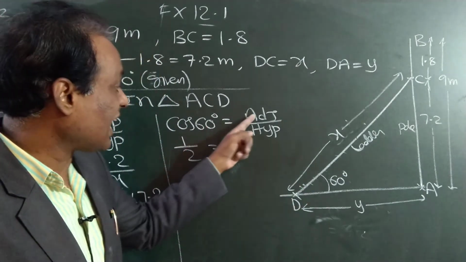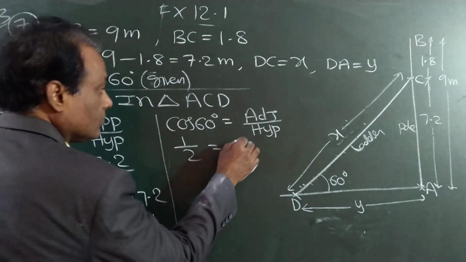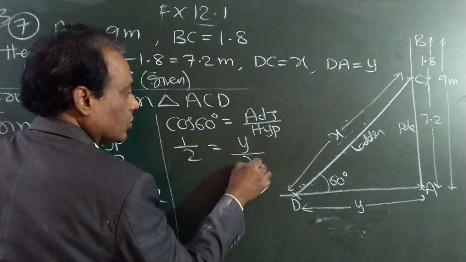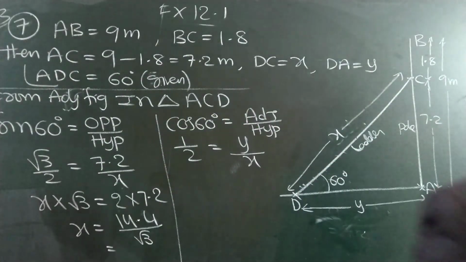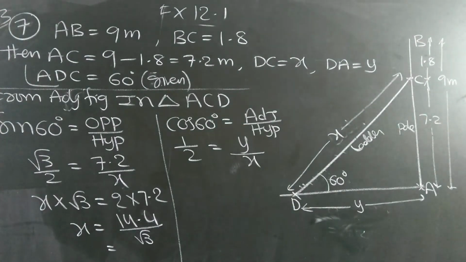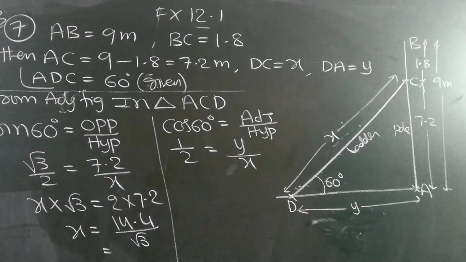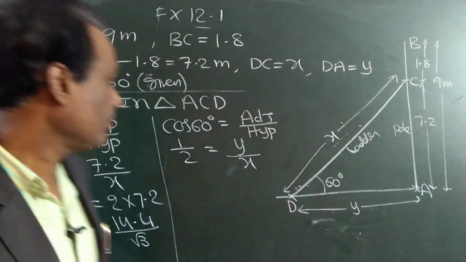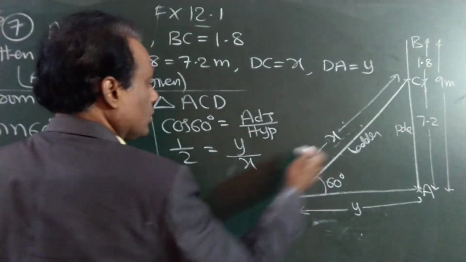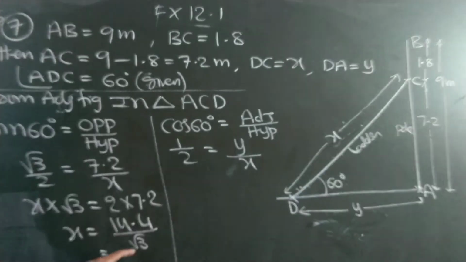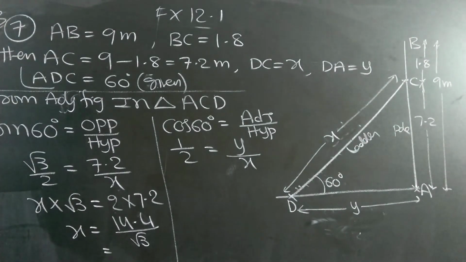Theta is 60, adjacent is y, hypotenuse is x. X we already got here.